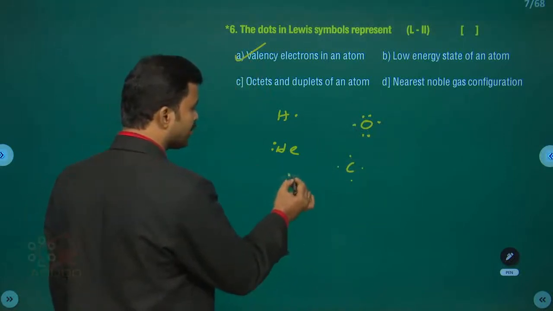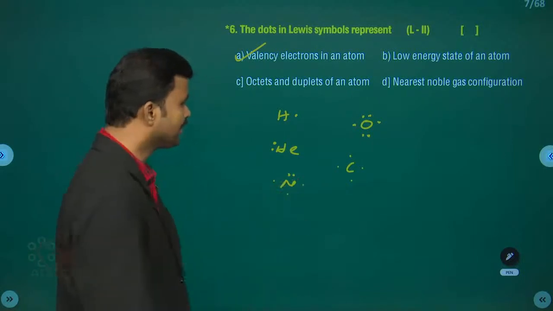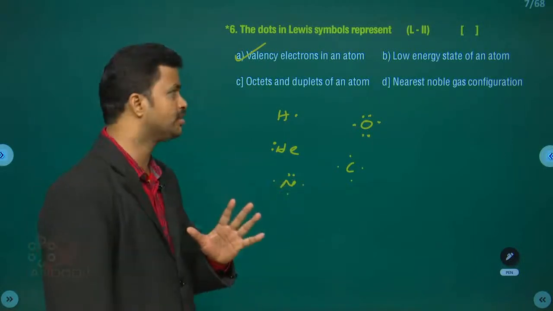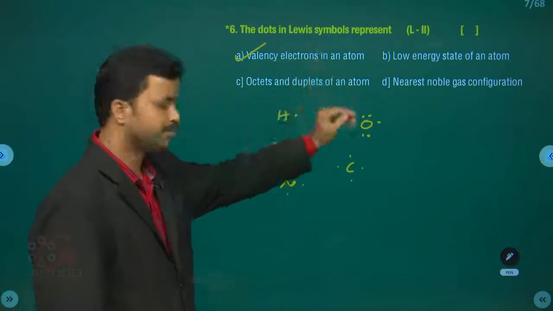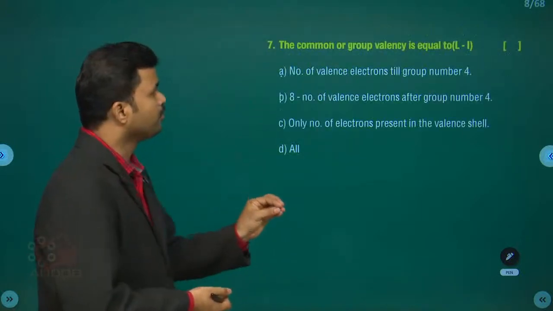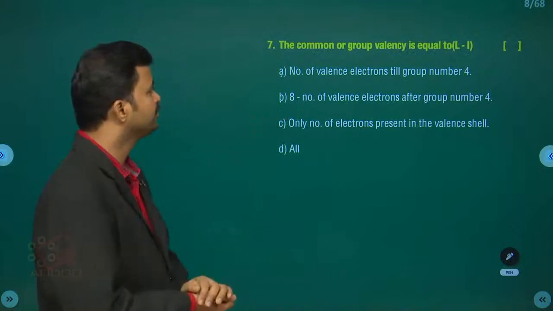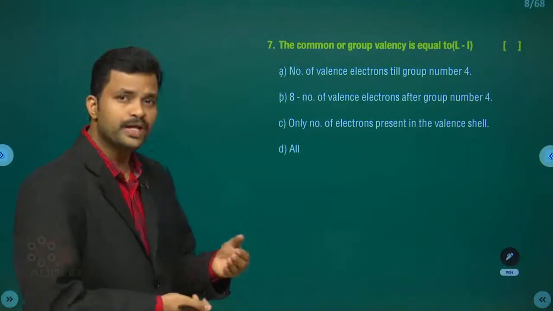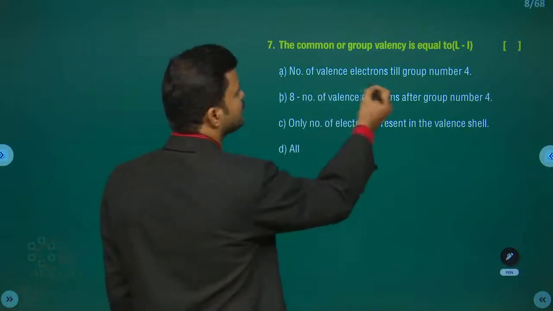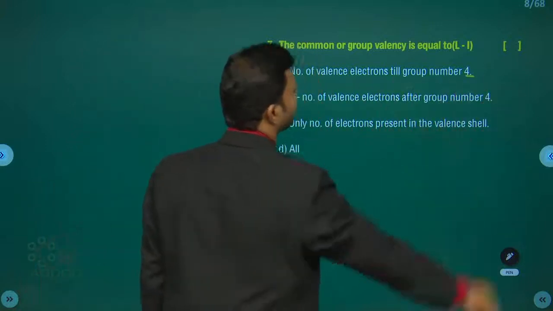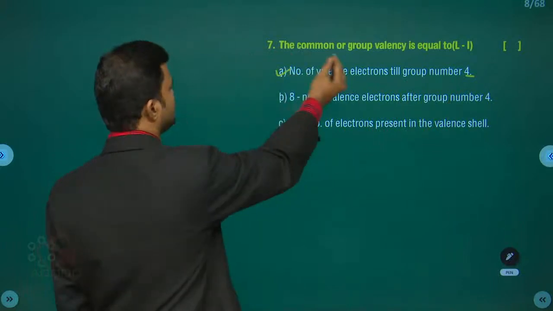Consider a nitrogen atom, 5th group element, 5 electrons. Valence electrons in an atom are given by the Lewis dot model. The common or group valency is equal to the group number of valency electrons till group number 4. Yes, it is correct.